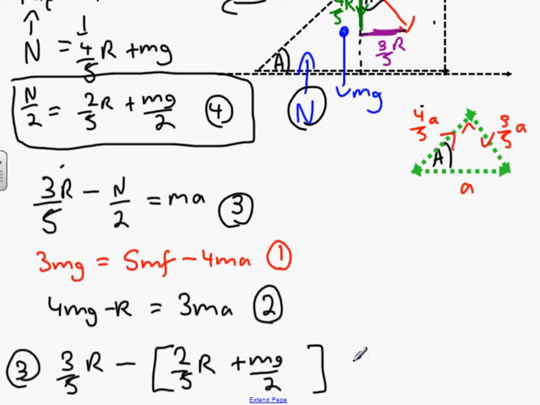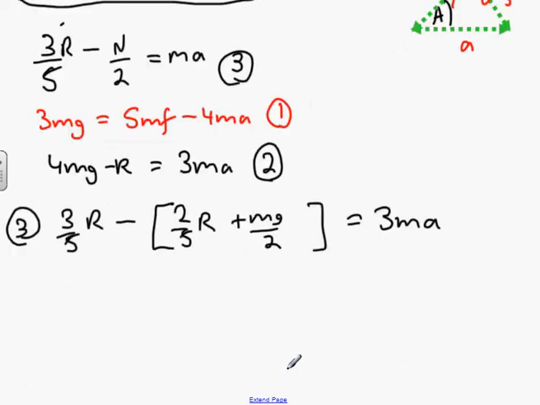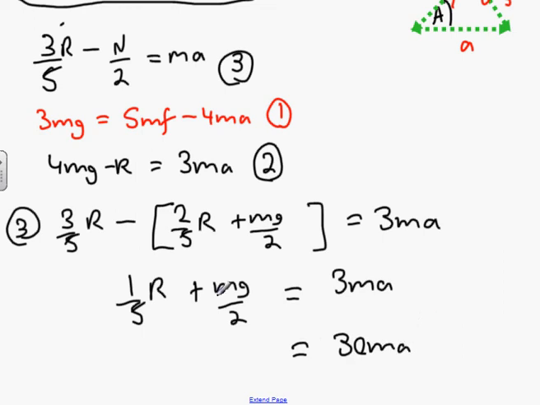And that's going to equal 3ma. Okay? Next thing, 1/5 R plus mg over 2 equals 3ma. I'm going to multiply everything by 10. I don't like fractions. So 30ma, 5mg, 2R.